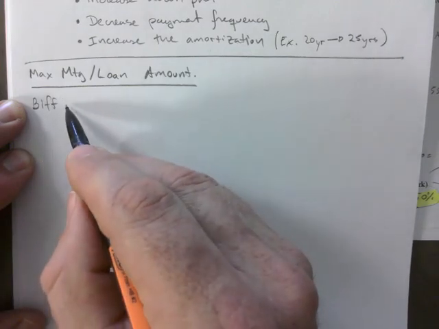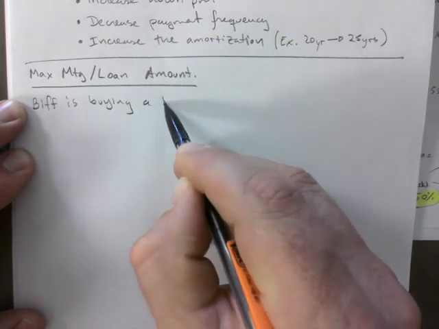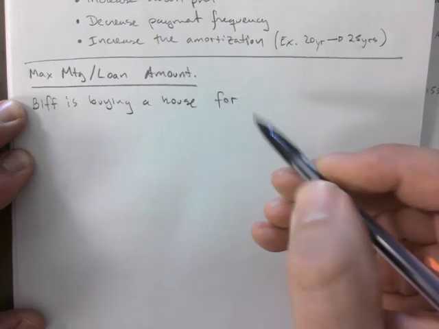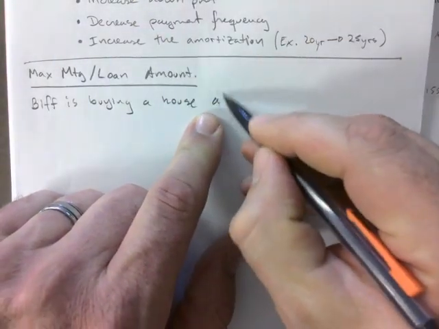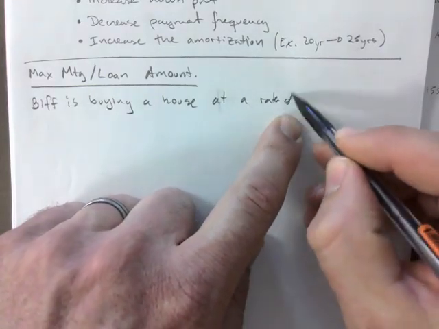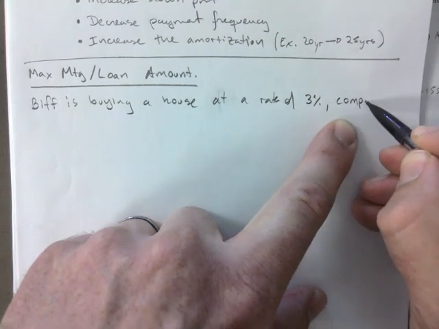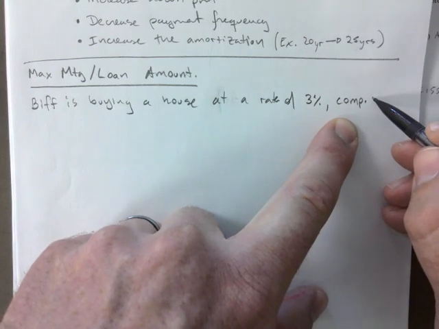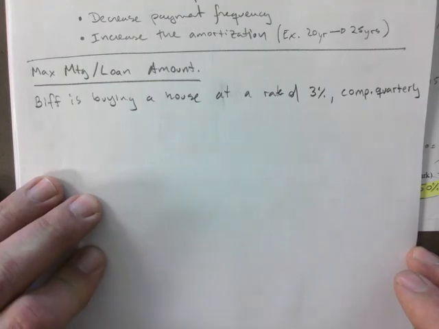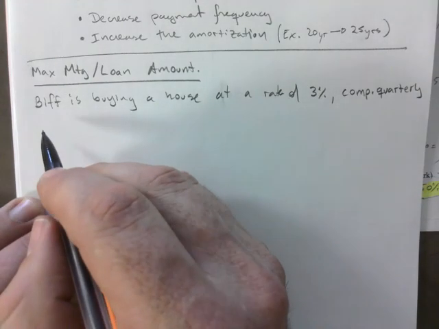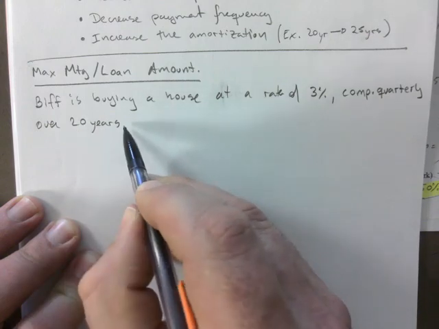Biff is buying a house at a rate of 3% compounded quarterly over 20 years. That's the amortization. Okay.